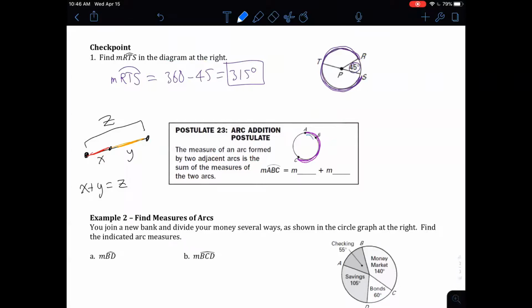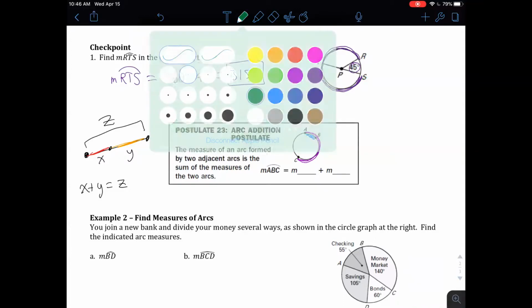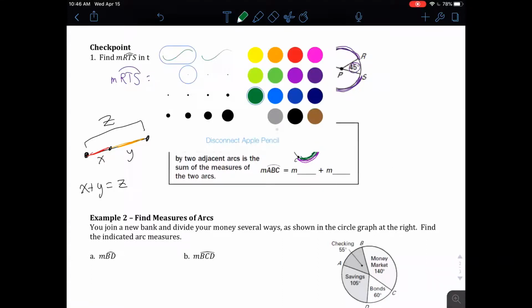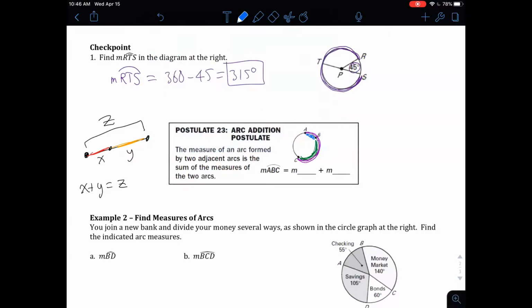It has AB, this part, and it also has this part right here. This is kind of sloppy, but hopefully it makes sense. So just like angle addition postulate, we have two arcs inside of this big arc. So measure of arc ABC is going to be measure of minor arc AB plus minor arc BC.